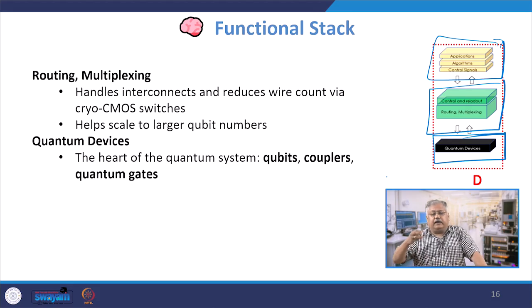So, there are 3 typical parts of the functional stack. One is where you store your physical qubits, which is the heart of the quantum system. It will have qubits, couplers and quantum gates. Above that you will have control, routing and multiplexing organization, again readout circuitry, and above that you will have the application stack, software and control circuits.